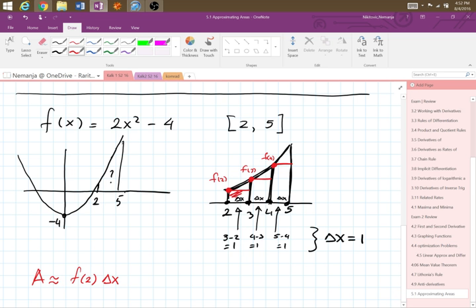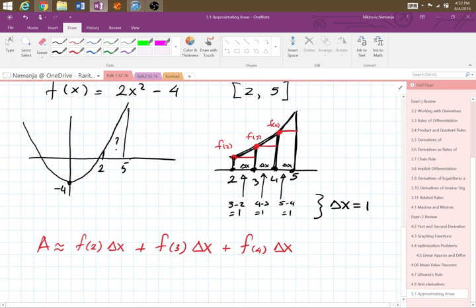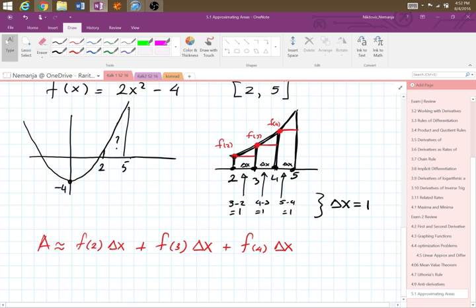That's this one over here. Then we add to that one, the height is f of 3 multiplied by width delta x again. And we add the last rectangle, the third one, f computed at 4, times delta x. And now we just plug values in and compute.